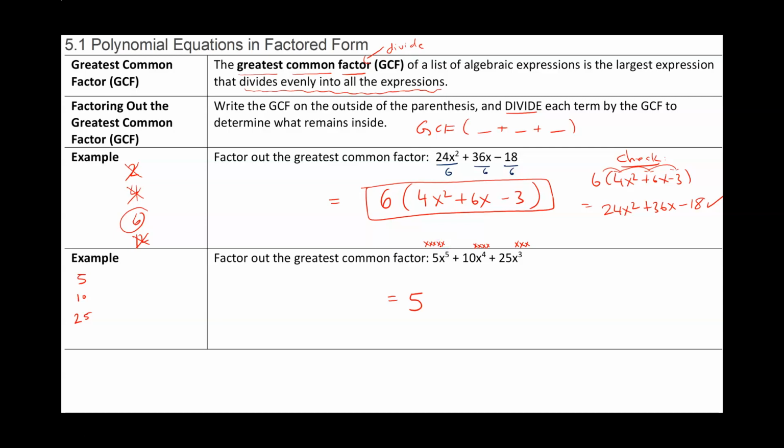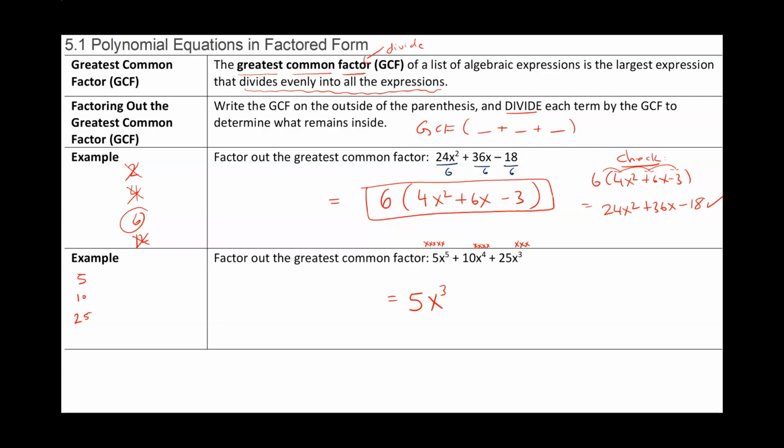We have to think about the most number of x's that we can take out of each. Now this last one only has 3 x's, so we can't take out more than that. So our greatest common factor for the variables is going to be x cubed.